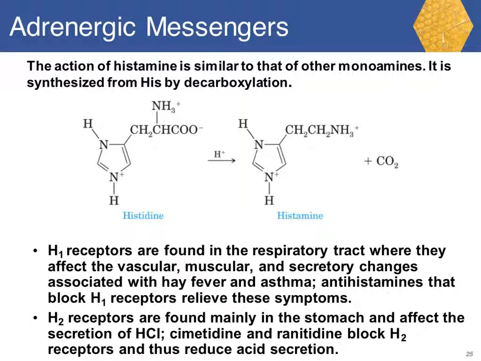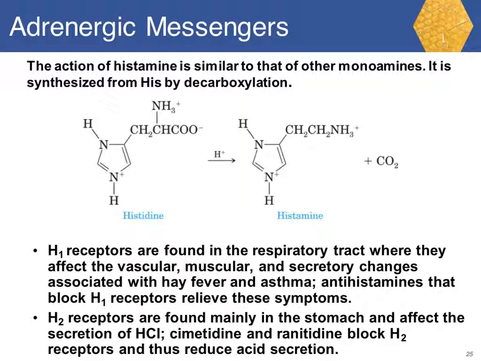All right, so we're going to talk about histamines for a hot second here. The action of histamine as a neurotransmitter is very similar to that of other monoamines. So there are two kinds of receptors for histamine. One is the H1 receptor, which is found in the respiratory tract, where it affects vascular, muscular, and secretory changes associated with hay fever and asthma.